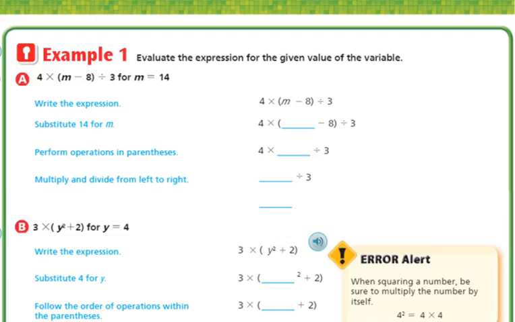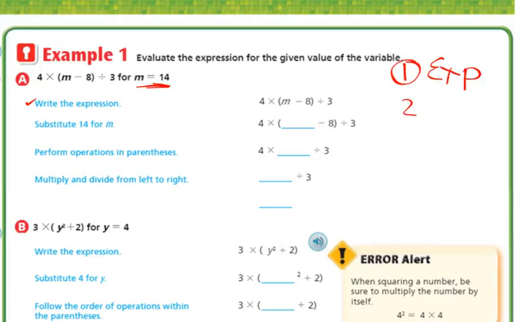So go ahead and turn to page 382, and we're going to look at example 1 together. Evaluate the expression for the given value of the variable. So we have the expression 4 times the difference of m and 8, divided by 3, where m equals 14. So we're going to start always by writing the expression.